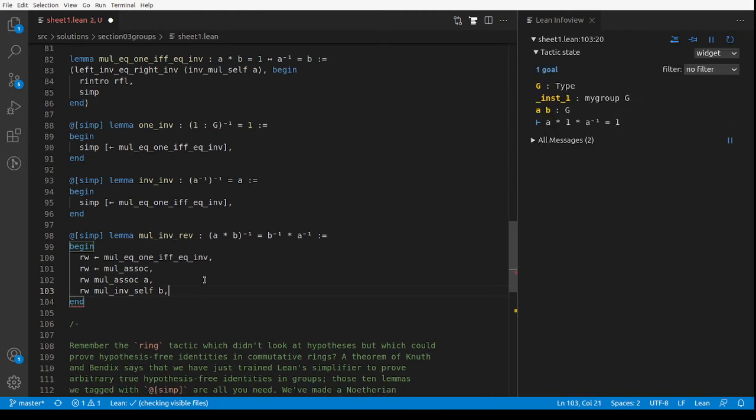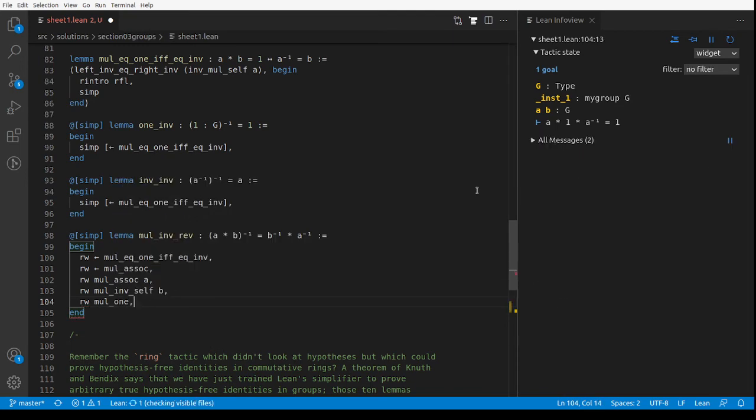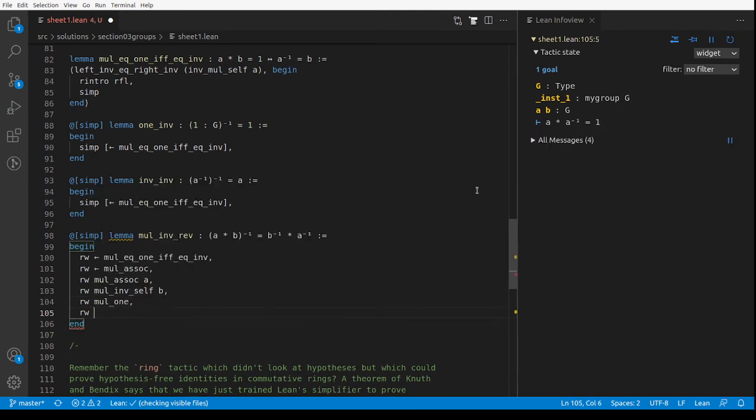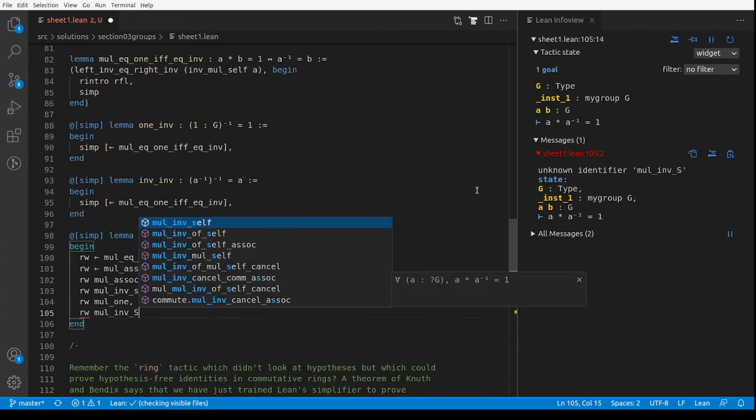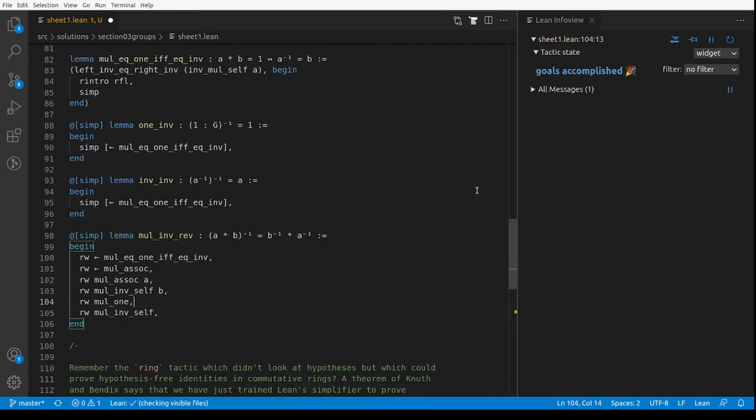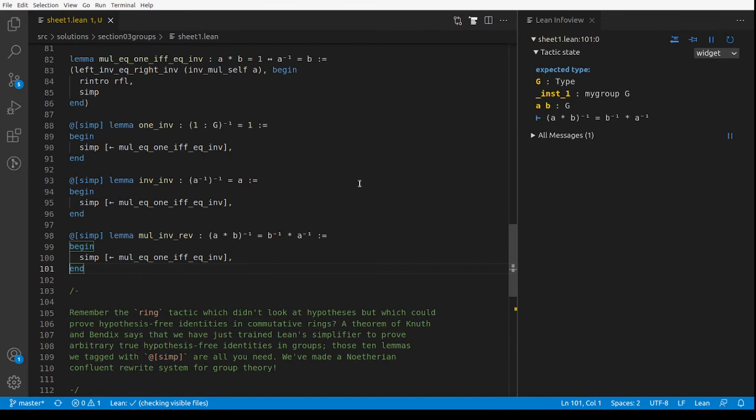Now we can rewrite. Where's the bracket? The bracket's going to be a times 1, so rewrite mul 1. And then rewrite mul inv self again. There, so that does it. So it's actually much simpler, just use the simplifier, isn't it? So let's leave it like that.